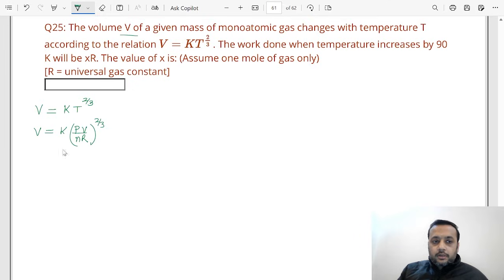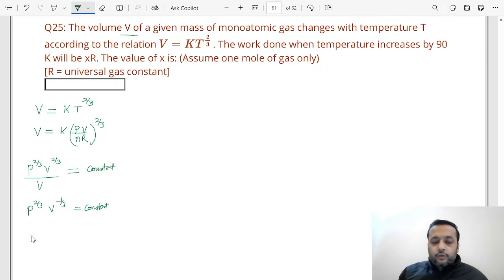So this is P to the power 2 by 3 and V to the power 2 by 3, and this V will come to the RHS, so it becomes 1 upon V. K, moles, R, everything else is a constant. So this becomes P to the power 2 by 3 into V to the power minus 1 by 3 equals constant.